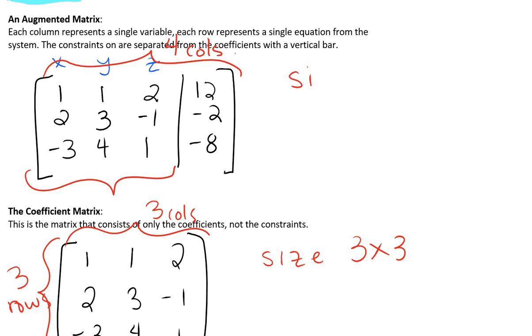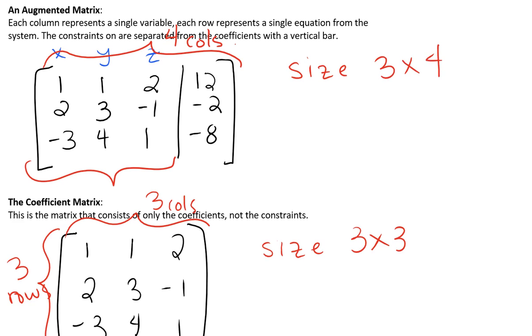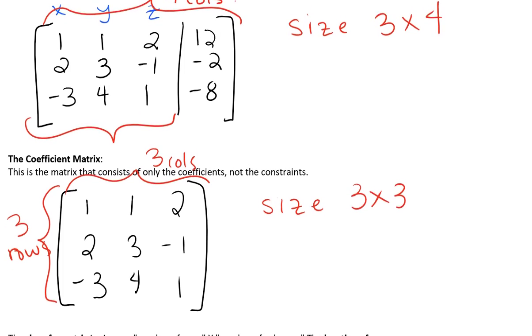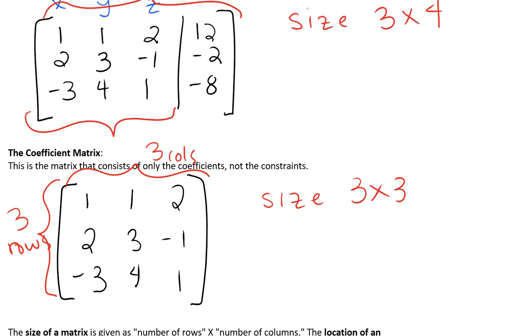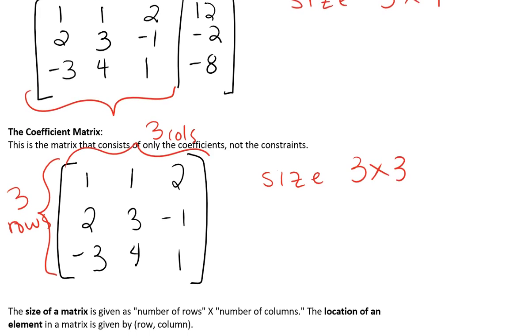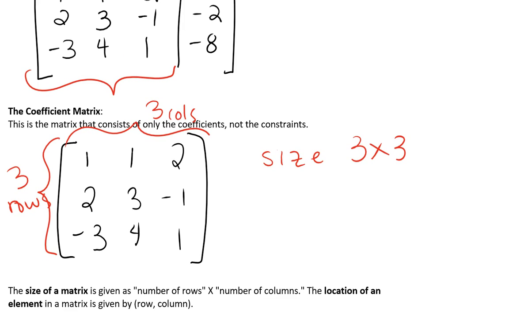So this would be of size 3 rows by 4 columns. Whenever we're referring to size or location for a matrix, we will always use rows by columns in order to indicate size or location. Any item that is inside of a matrix is called an element, and we can talk about the location of an element as a coordinate, row by column.